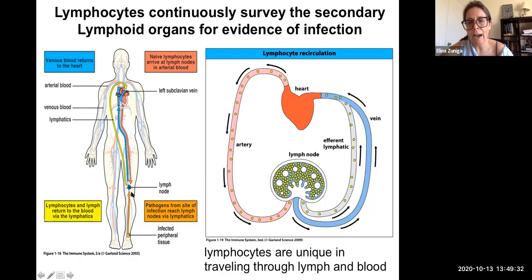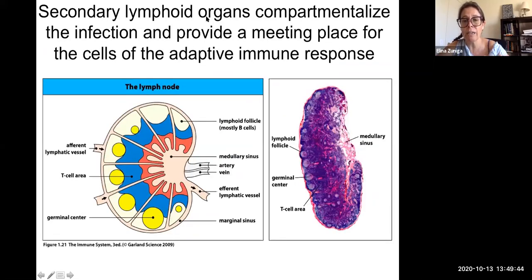Okay, so this is ideal because now the lymph node will have the naive lymphocyte recirculating and the antigen derived from the pathogen. And so that's why the secondary, and I'm ending with this, the secondary lymphoid organ compartmentalizes the infection and provides a meeting place for the cells of the adaptive immune response.